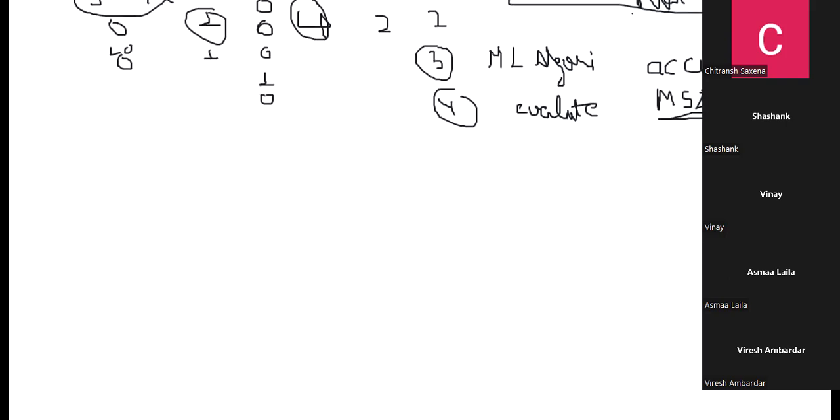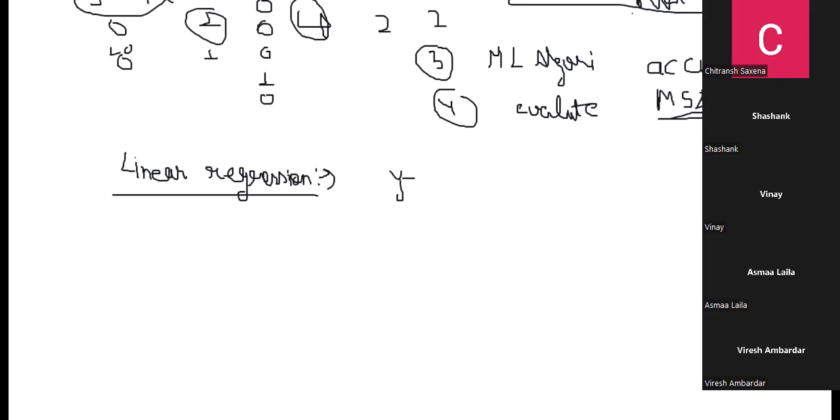Now come to the linear regression part. In linear regression, we use this equation.